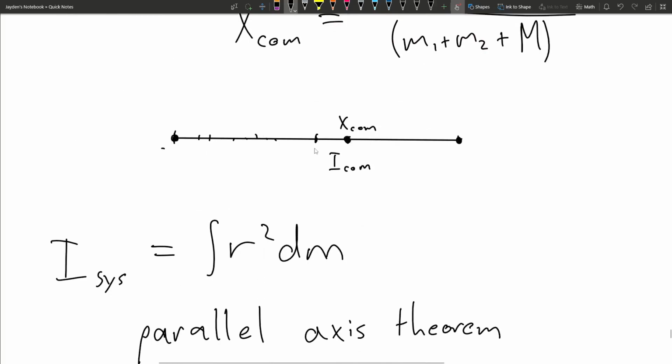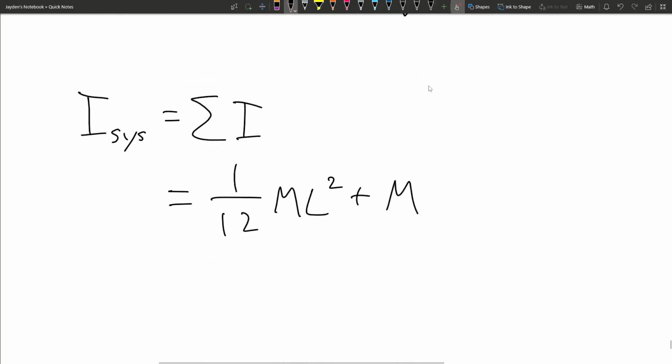So let's say this is L over 2, and this is the x center of mass. The difference between them would be x center of mass minus L over 2, squared. You should get a very small number for that because it's quite close to the center.